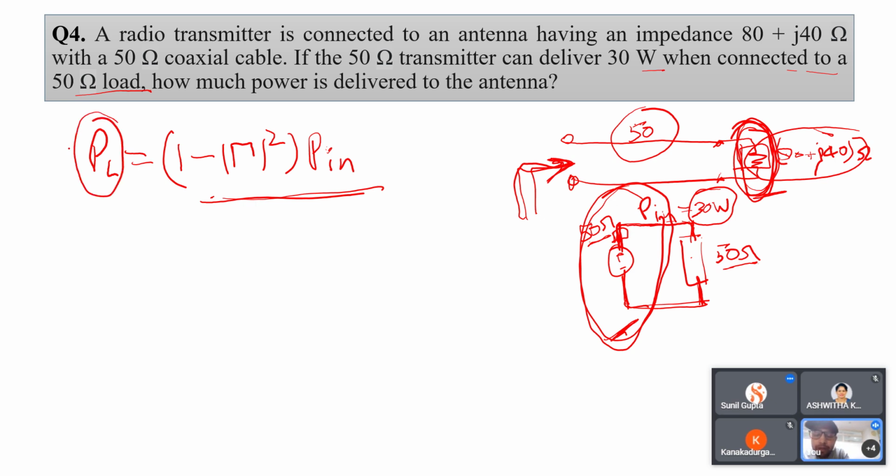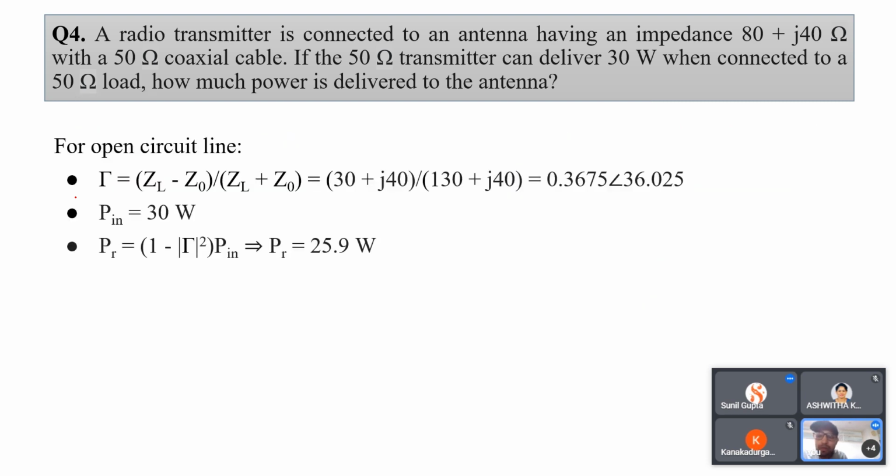Here you have the value of P in. The characteristic impedance of the line and the load impedance are already given, so by using these you can calculate the value of gamma. After that you can calculate the value of load power.